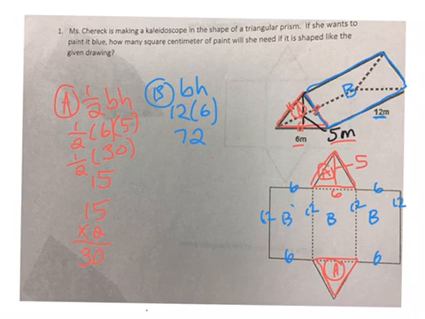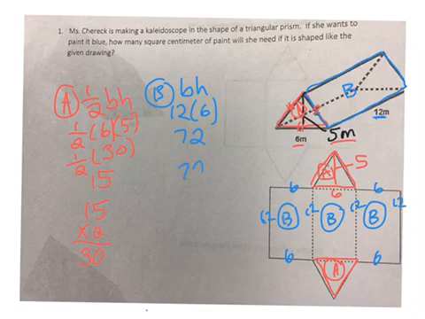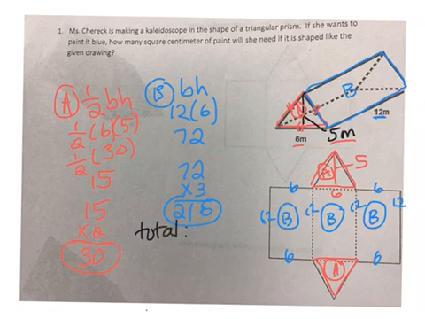Now I have 3 of those. There's 1, 2, 3 rectangles that are all congruent. So I have to do 72 times 3, and I get 216. So now to find the total, I'm going to take this 30 and add it to the 216. Because now I have to add all the faces together.